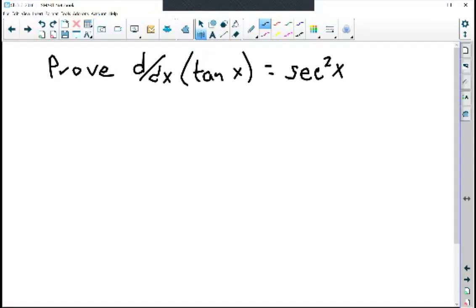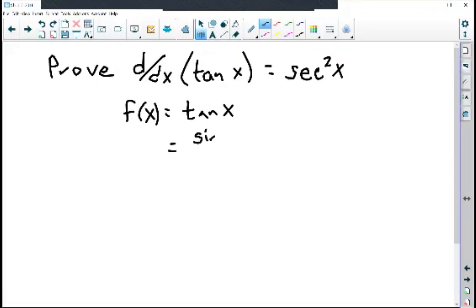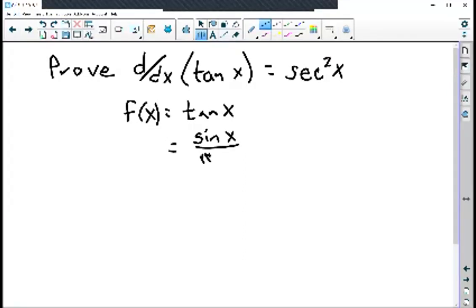We're instead going to look at another way of writing tangent x. And tangent x is the same as sine x over cosine x. Easy for me to write.